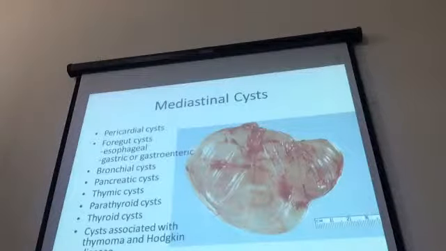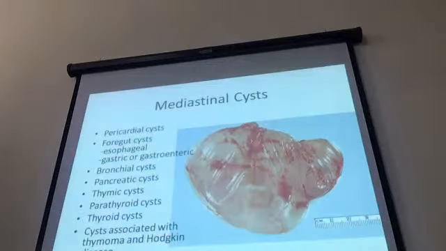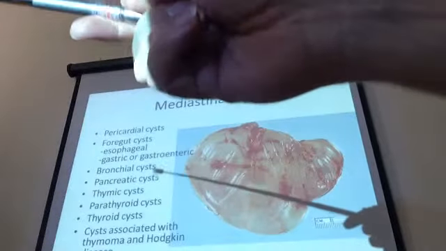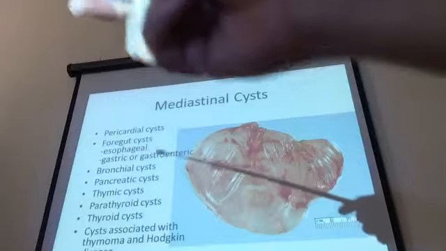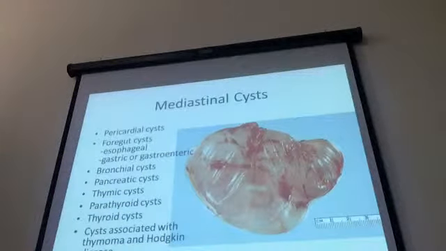Besides thymic cysts, there are many other cystic lesions that occur in the mediastinum. And most of these are anterior, but as you can imagine, some of them, like the esophageal cysts or maybe bronchial cysts, may be mid or posterior mediastinum in their presentation.